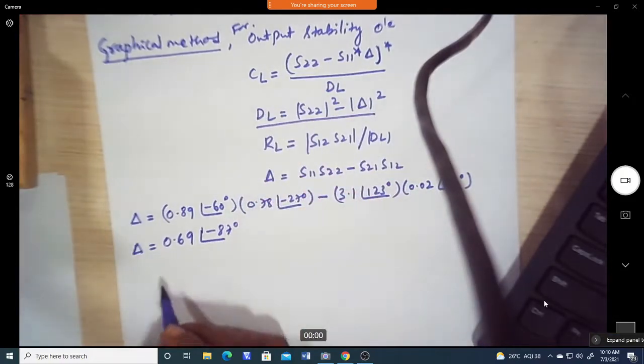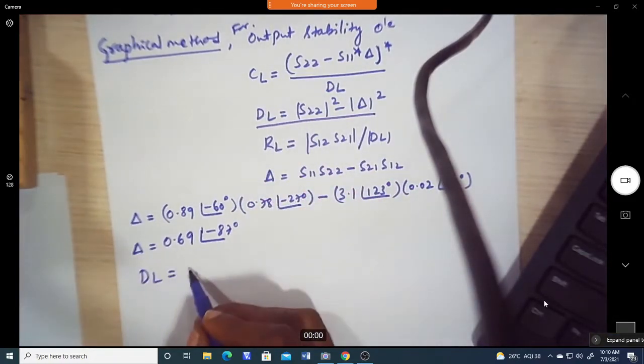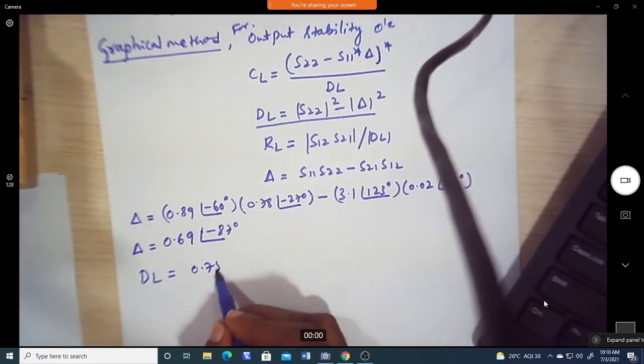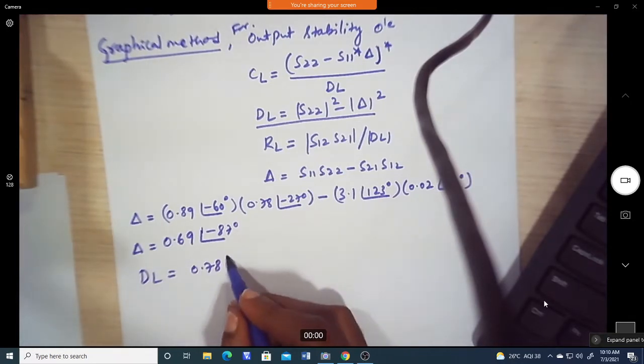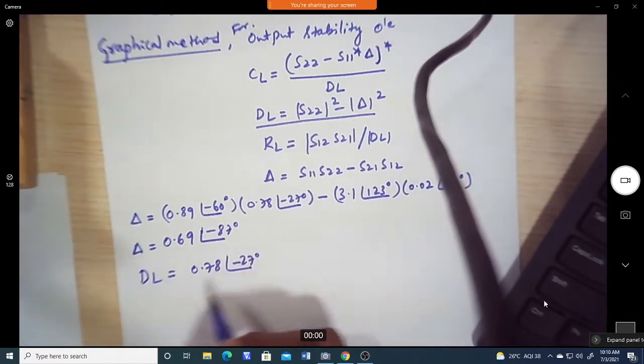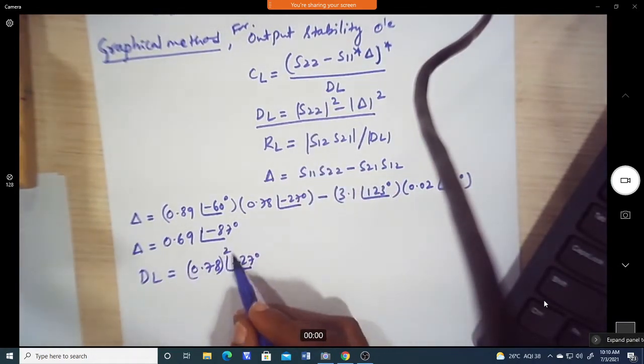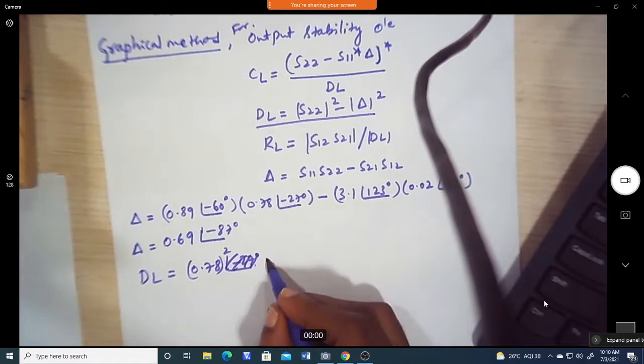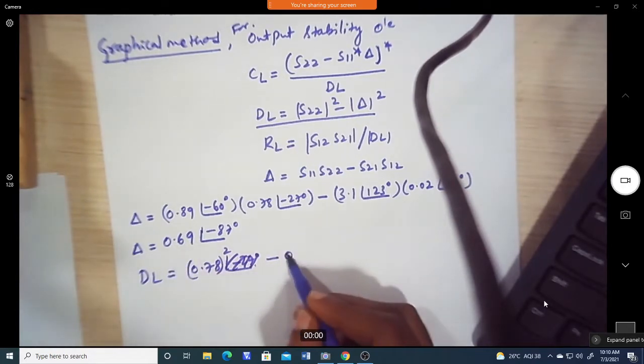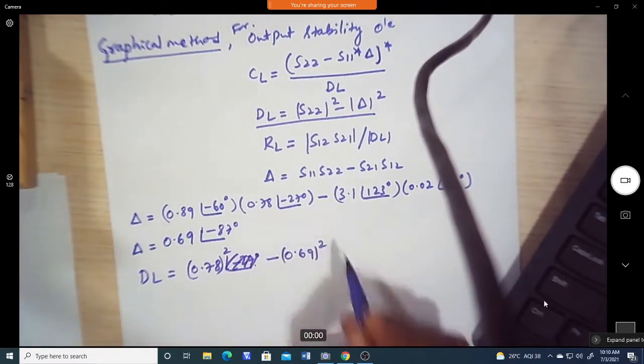Now by using this delta, first find out DL, because RL and CL both need DL. DL is equal to S22 square, that is 0.78 square, since we are taking only the magnitude, minus delta square, that is 0.69 square.